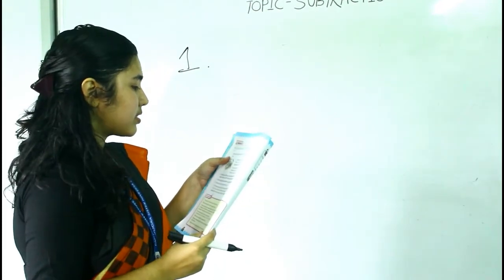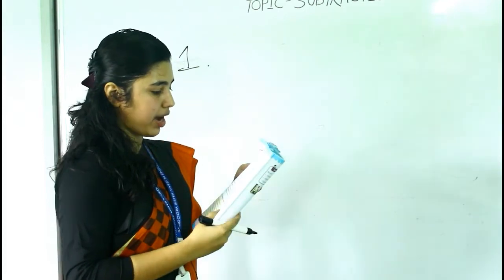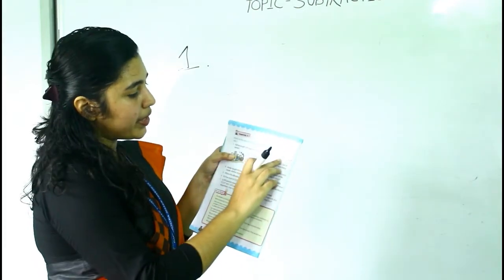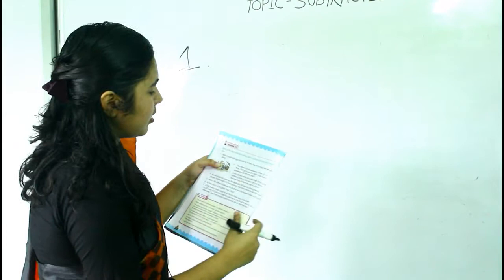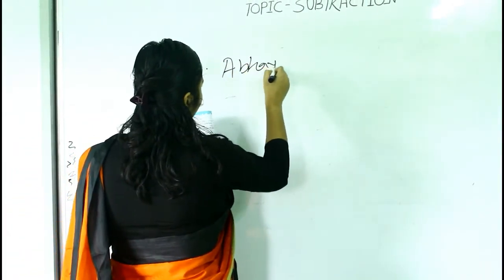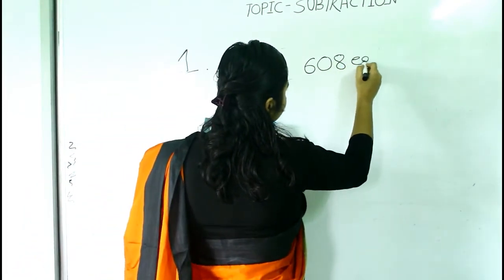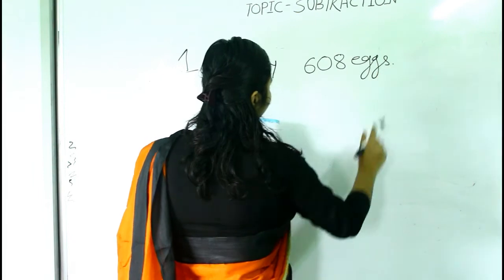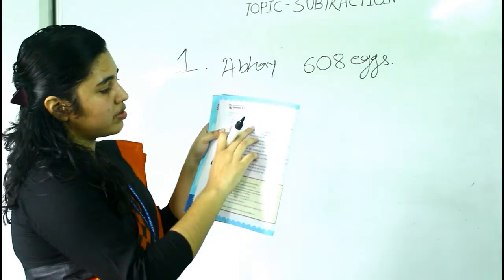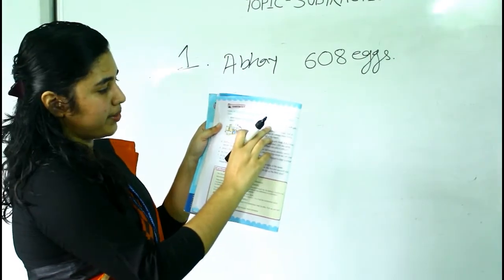Abhay bought 608 eggs and sold 485 of them. Then how many eggs are left with Abhay? That means Abhay had 608 eggs. Right? Now he sold 485 of them.